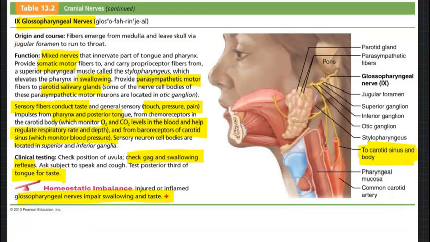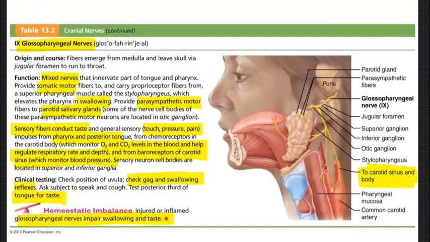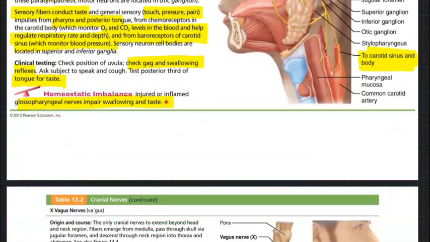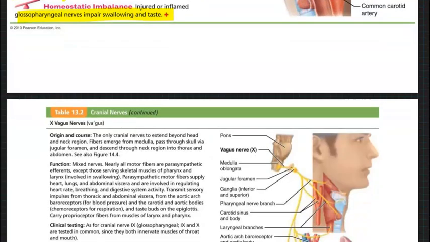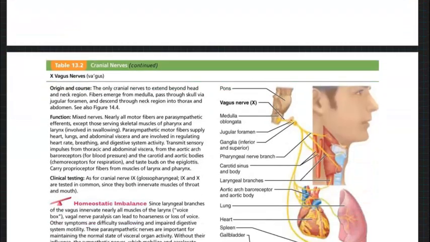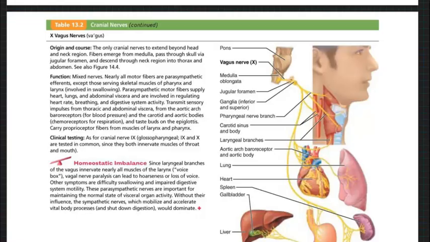So I have a question. You know how cancer patients have like chemo radiation on their throat? Do that damage their nerve? It can.